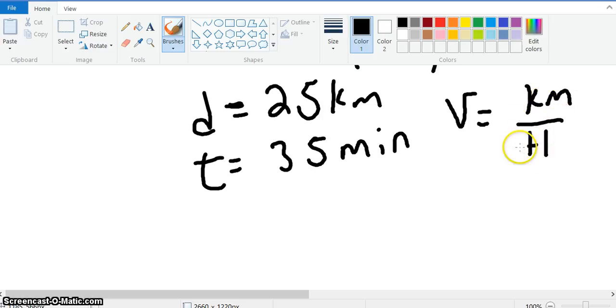Well, you notice that the distance is already in kilometers, so we're good to go there. But the time is not in the correct units, so we need to change 35 minutes into hours. This is a typical thing with these problems of 3 variables, where you'll usually have to change at least one thing unit-wise.